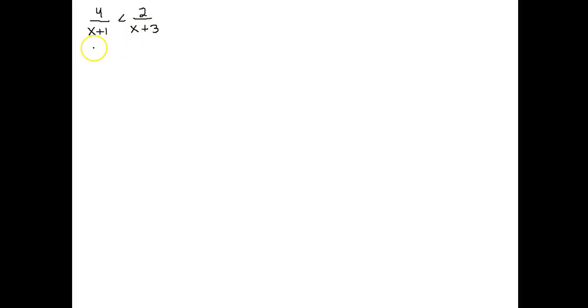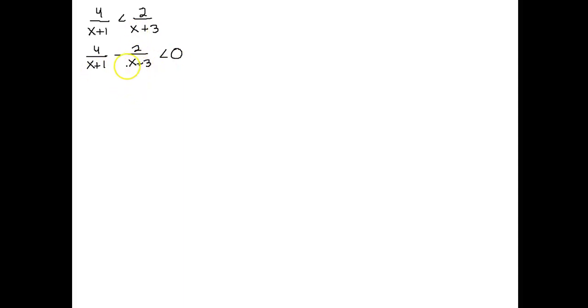What we want to do is make sure everything's on the same side. So I'm going to subtract 2 over x plus 3 from both sides. We're trying to get 0 on one side, and it's much easier to me if 0 is on the right.